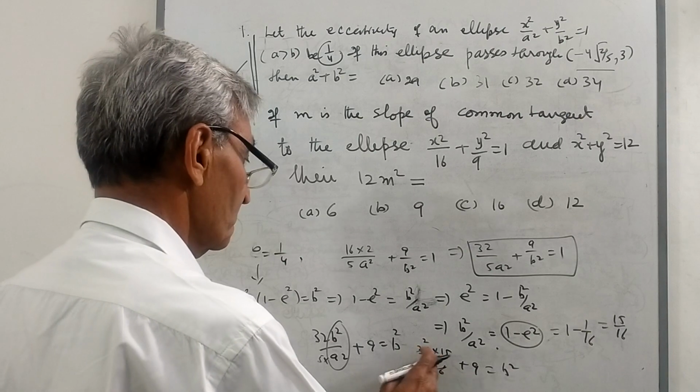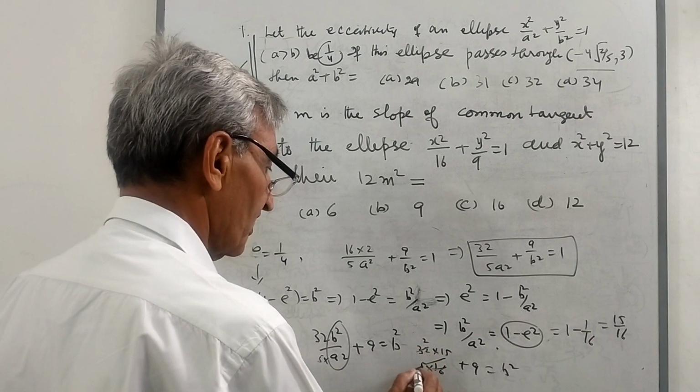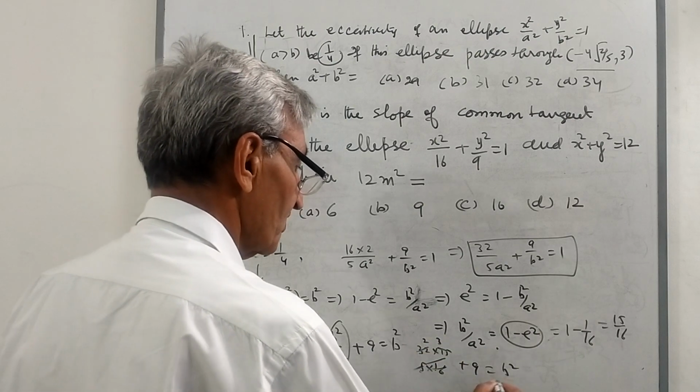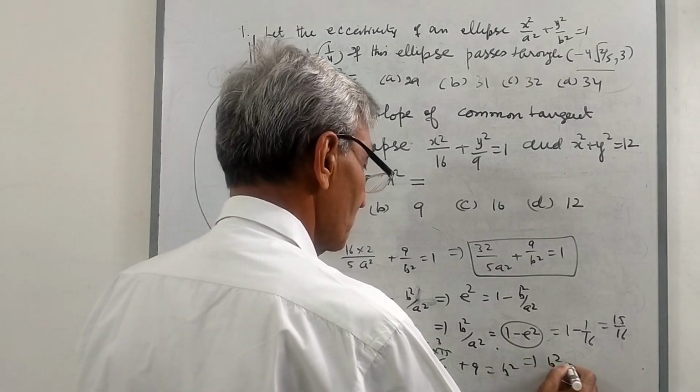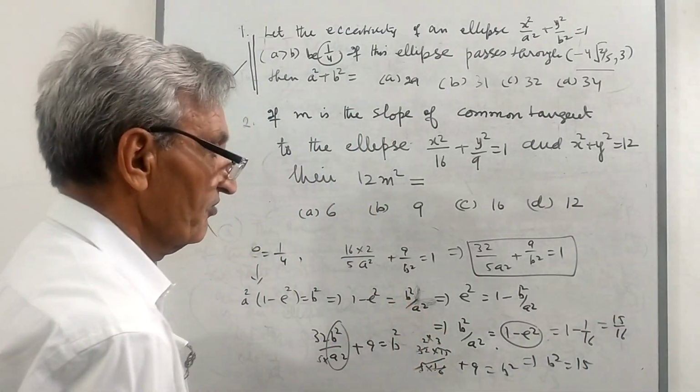Sorry friend, 32 into 15 by 16 divided by 5 here, sorry, is equal to 3. So B square is equal to 15. 6 into 9, 15.